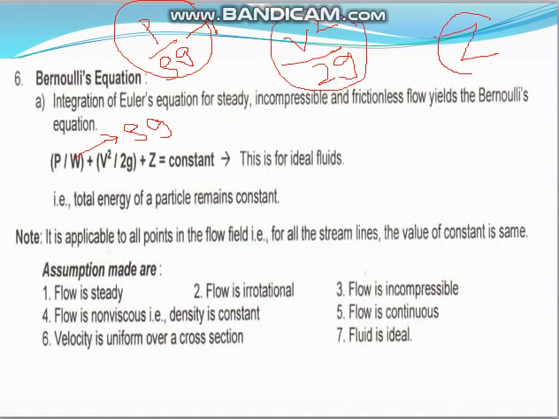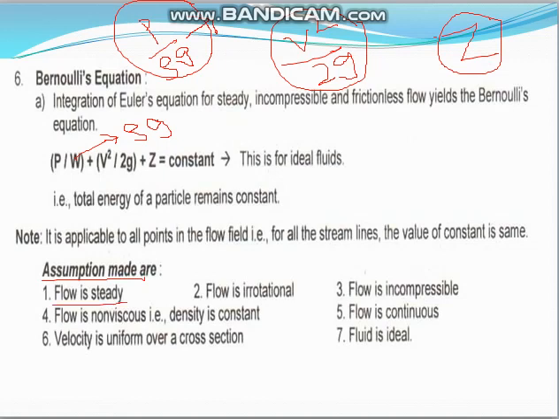The third one is z, which is the potential energy per unit weight, or simply potential head. So in Bernoulli's equation there are three terms: pressure head, kinetic head and potential head. Simply, Bernoulli's equation is the sum of the pressure head, kinetic head and potential head. Coming to the assumptions made in the derivation of Bernoulli's equation, there are various assumptions. The first one is that the flow is steady.